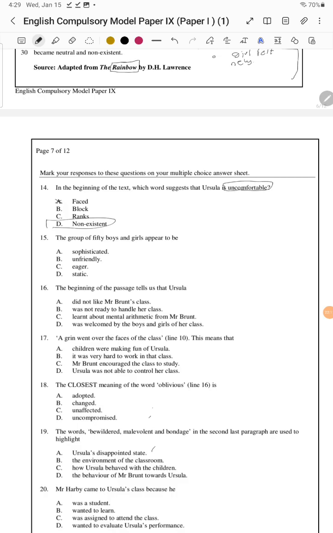In the question, you have to highlight the word as well. Faced is not suggesting uncomfortable, so it will be eliminated. Ranks, filling the ranks, is also not the correct word to highlight. So faced and ranks are both eliminated. Now we are stuck between B, block, and D, non-existent.